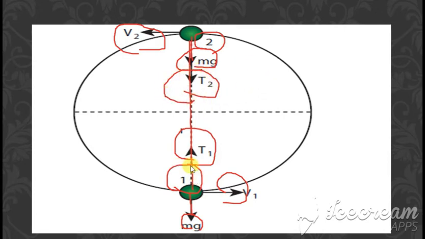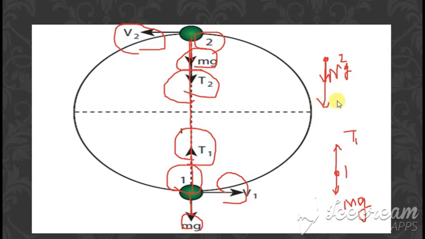Okay, so when you draw the free body diagram for the point 1, we can draw it as this to be the t1 and this is mg. Okay, and when you draw it for the point 2, this is mg, and in the same way this is t2.